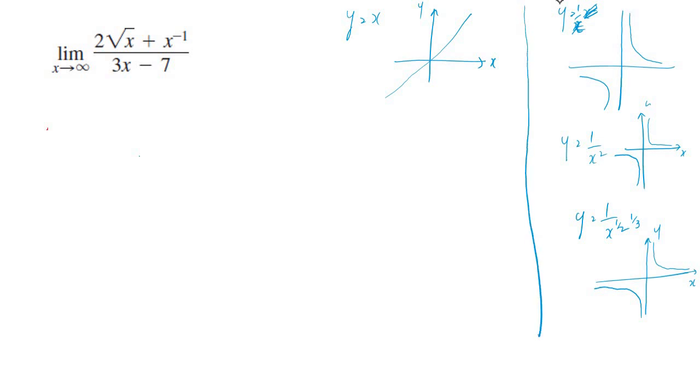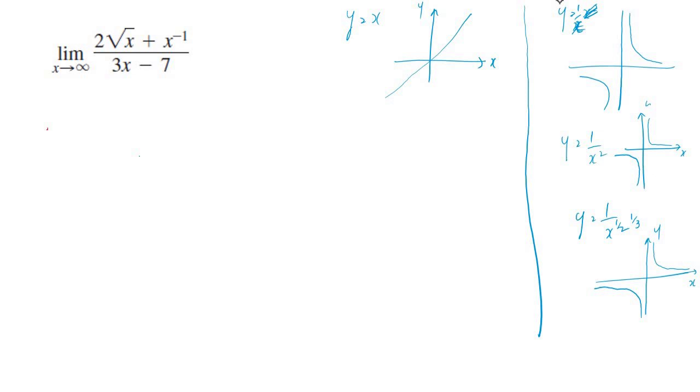So if we can convert this equation to a 1 over form, like 1 over x squared, 1 over x cubed, or 1 over x to the power half, we know the answer: as x tends to infinity, the function goes to 0.